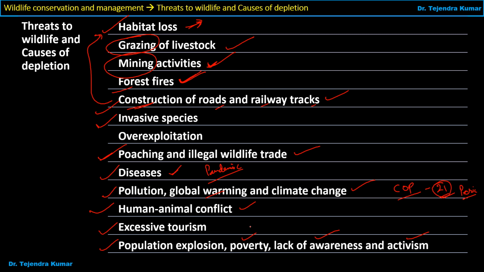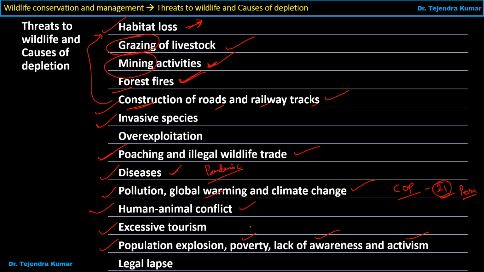The population is not aware of all these benefits, and that's why they are only targeting economic purposes. That's why they are targeting those animals, killing them and selling their body parts, and that's all. So poverty and lack of awareness are really affecting wildlife. These are the most common threats.